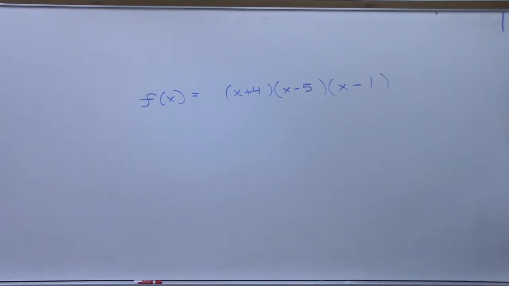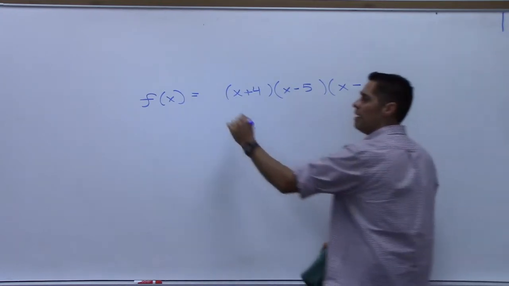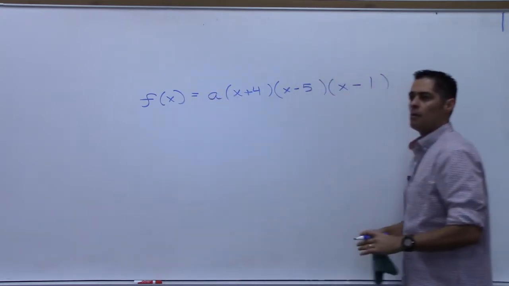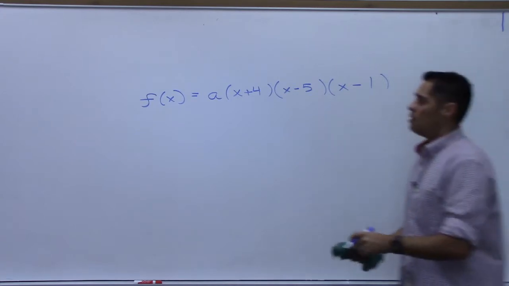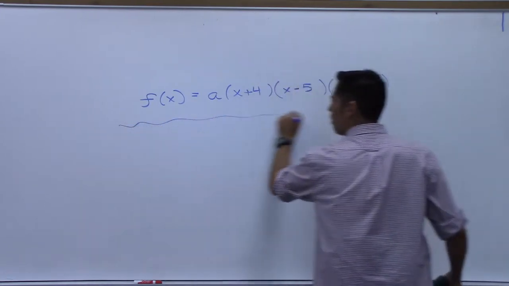But it has to contain the point 2, negative 18. That's the same as the y-intercept idea. You plug in 0, it spits out a number. But this time, instead of plugging in 0 and spitting out a number, it's plugging in 2 and spitting out a number. So I'm still going to put an a here. But this is still the same concept. Same exact concept. Now what I'll do is I'll do my work right underneath.